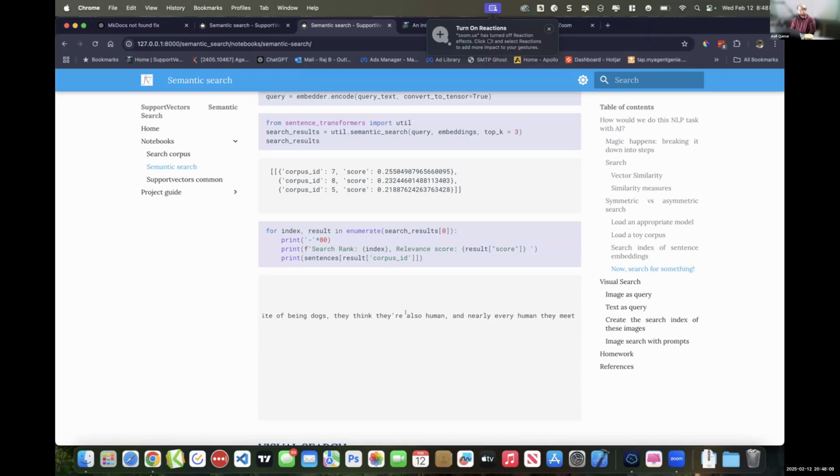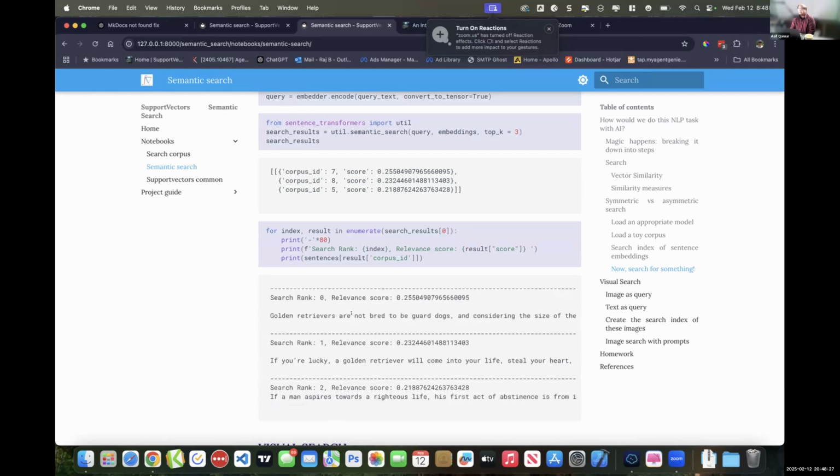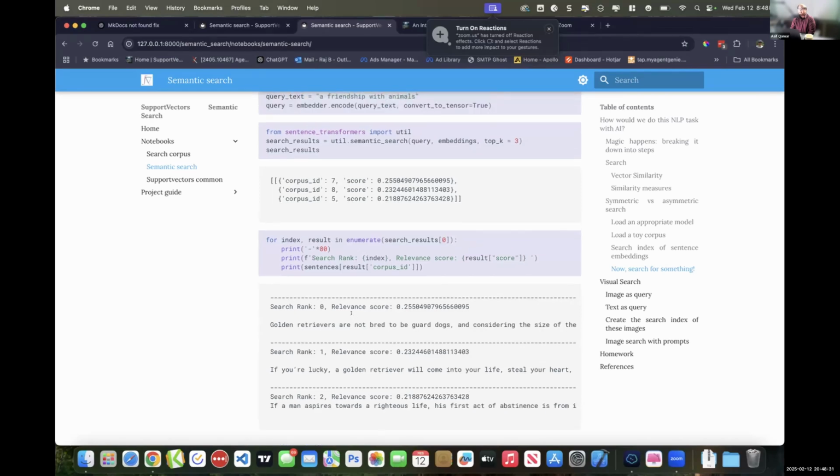And nearly every human they meet has the potential to be a boon companion who might at any moment cry, let's go, and lead them on a great adventure. So guys, when you read this sentence, the remarkable thing is there is neither the word friendship nor the word animal. This result simply couldn't have been produced by a keyword search engine.